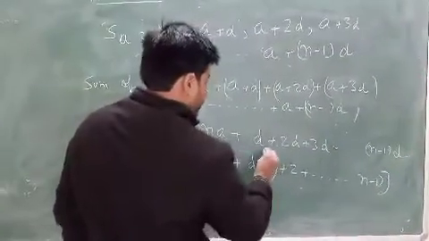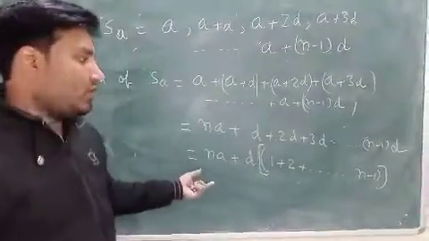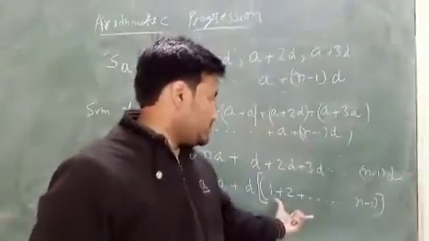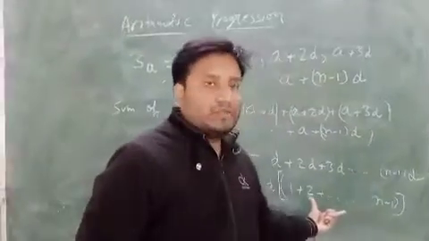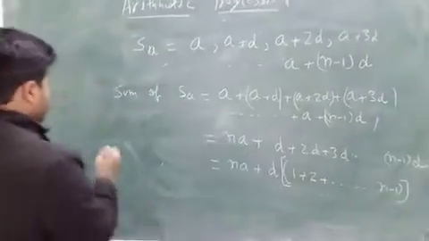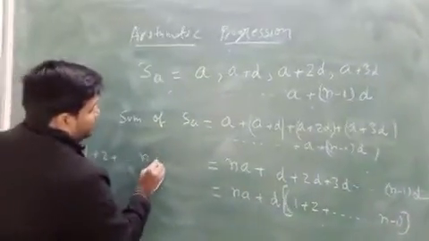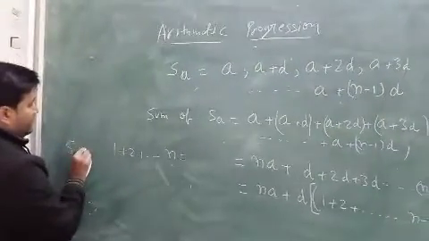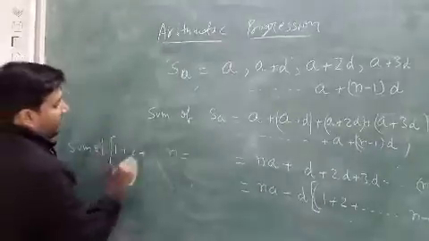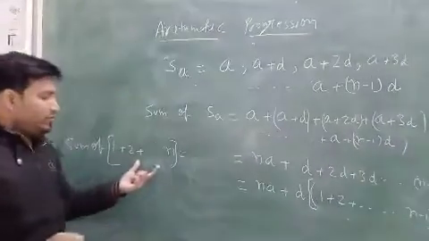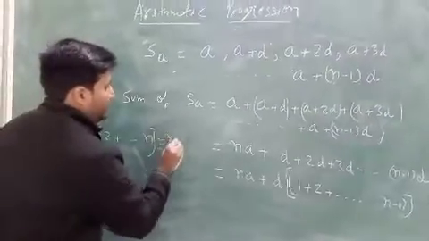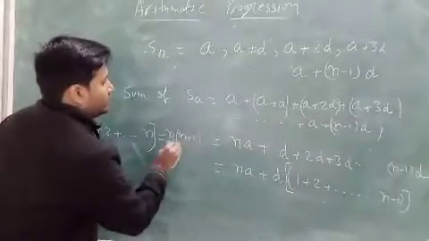After taking d as common, the series goes up to n minus 1. Now we are calculating the sum of that series. We know the formula for the sum of the series 1 plus 2 up to n, which is n into (n plus 1) by 2.